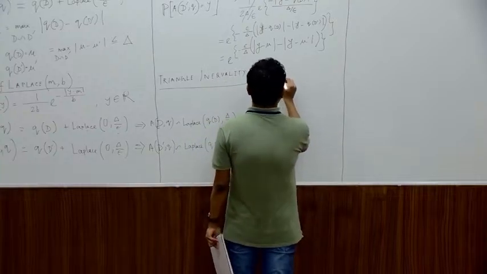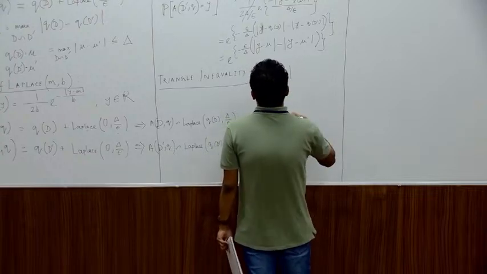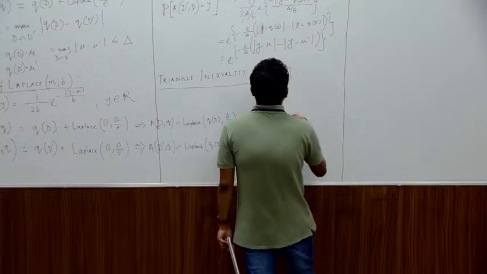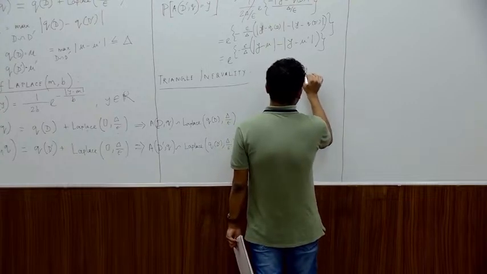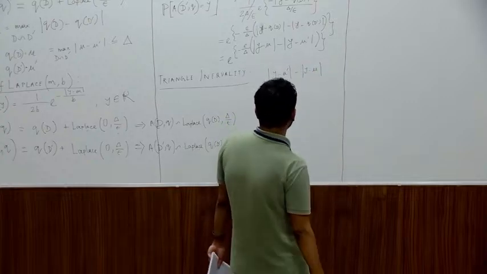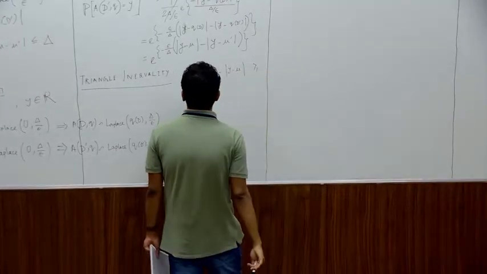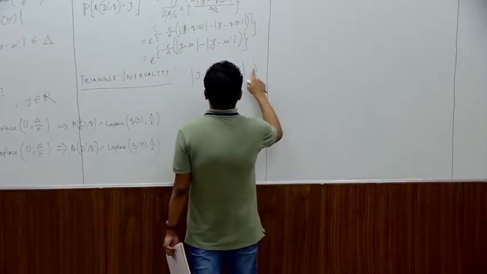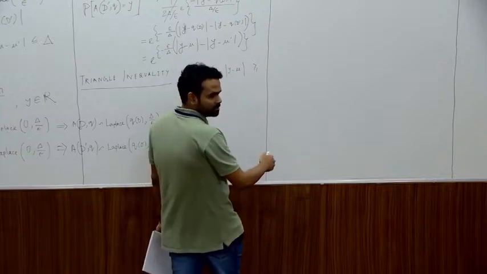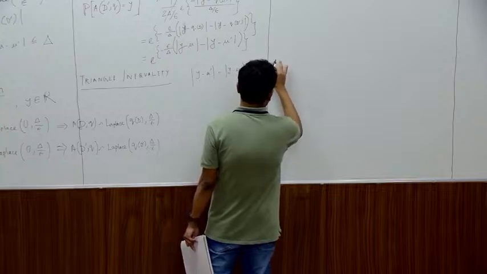Y minus mu minus y minus mu dashed is greater than or equal to mu dash minus mu. Lesser than, minus, right? Okay, fine. Minus is greater than or equal to mu dash minus mu.